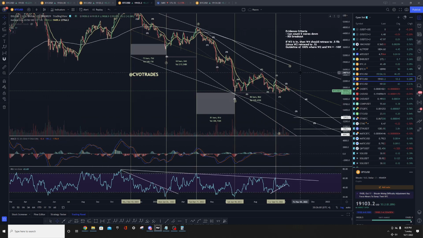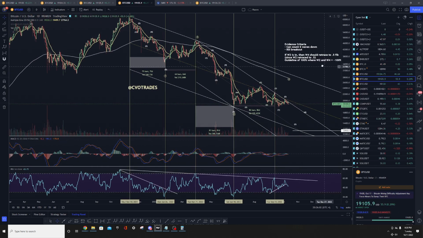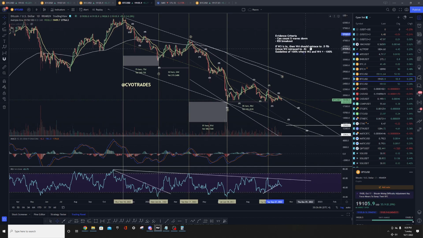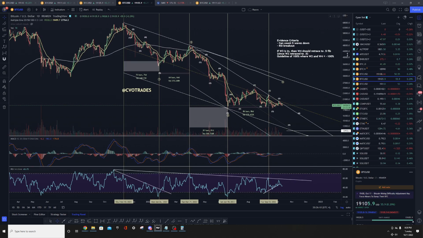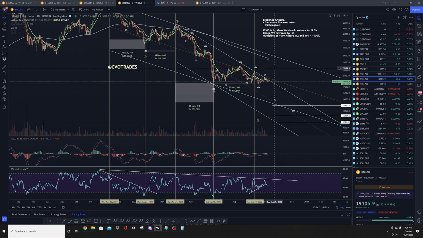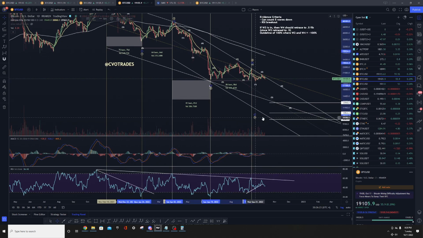I didn't discover this until I inverted the chart, and sometimes you just need to invert the chart to get a different view, a perspective. So from here, you can see 1, 2, 3, and we'll break this complex count in a second. 4, and I think we're working on 5.